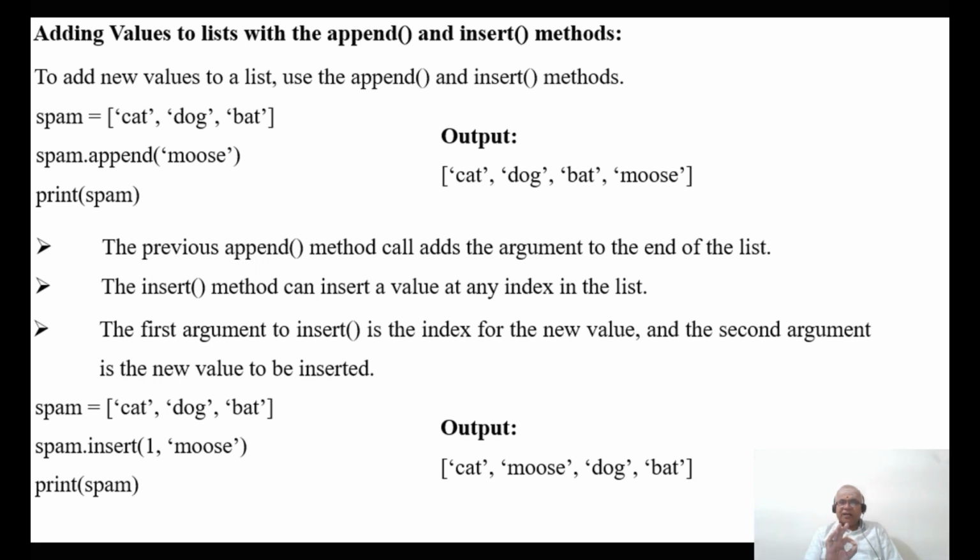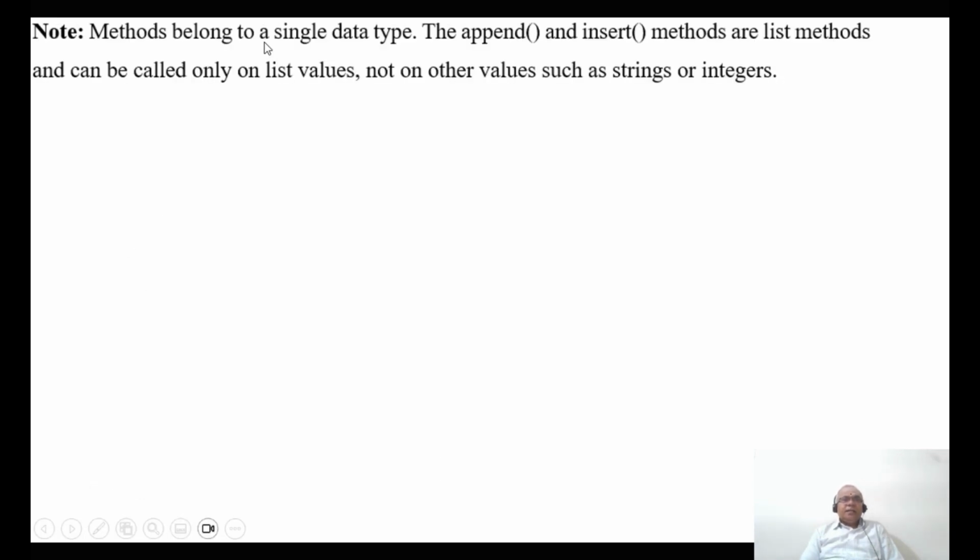That is the advantage of using the insert method. The method belongs to a single data type. The append and insert methods are list methods and can be called only on list values, not on other values such as strings or integers.